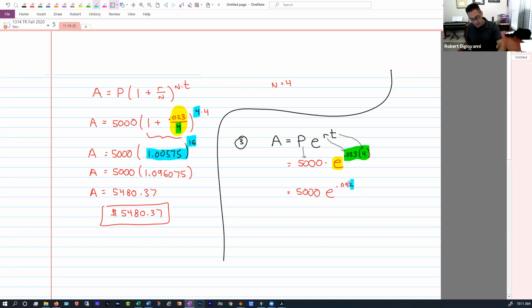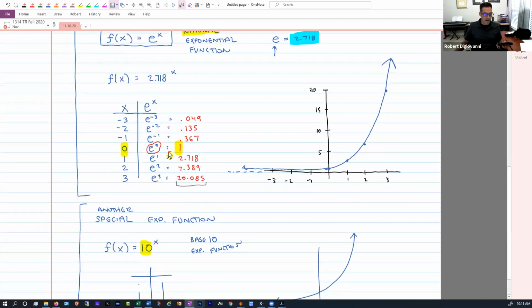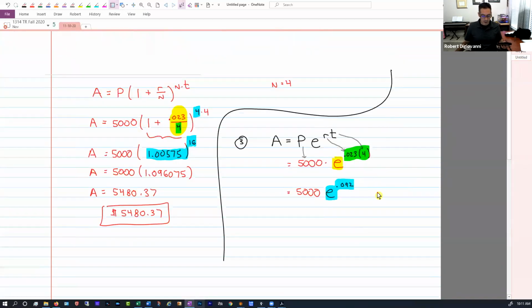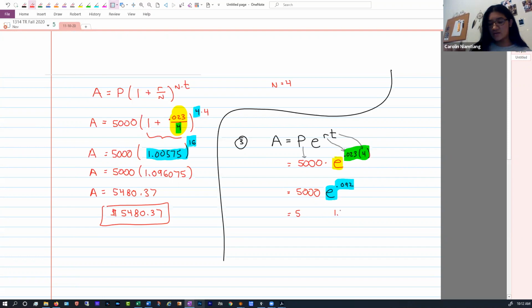Now on my calculator, I'm going to do E raised to the 0.092. This is why I said earlier, it's important that you're able to do this table because you need to know how to raise E to different powers. So now on your calculator, do that. Does somebody want to tell me what they get when they do E to the 0.092? 1.09636.